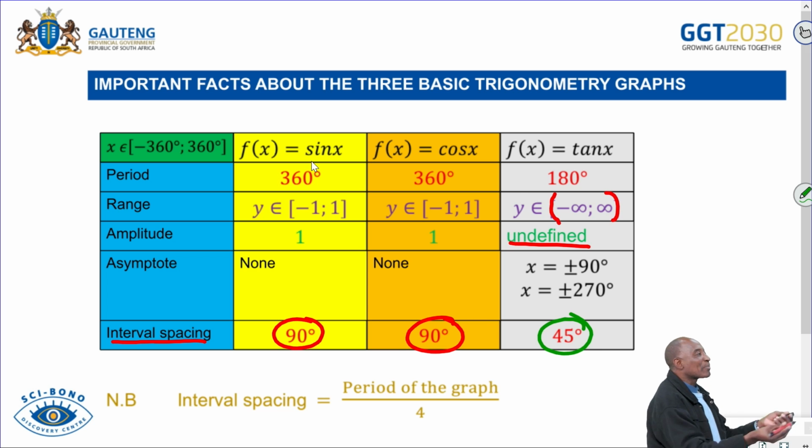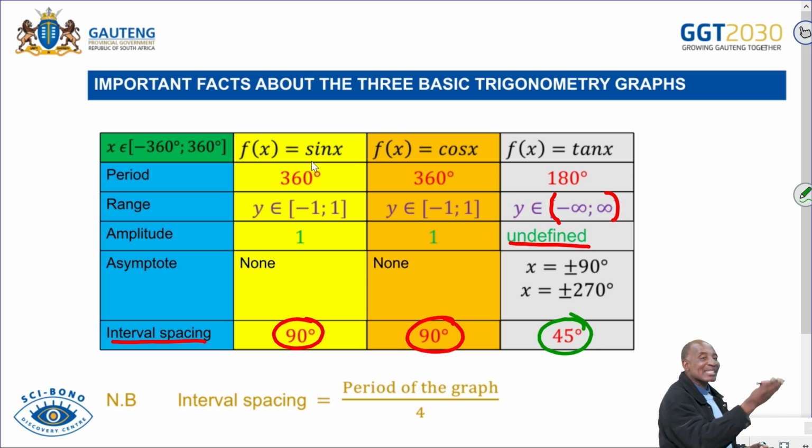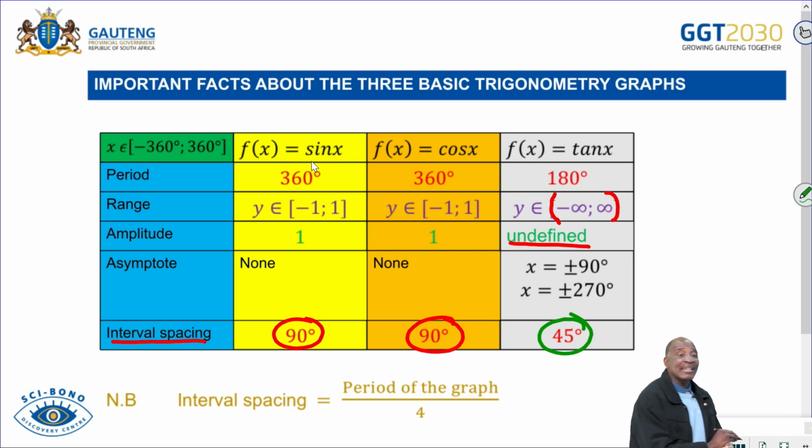Now that we know the period is 360 for both sine and cosine, if you divide the period by 4, it's a formula that we use, and it was proven that it makes the diagrams come out neatly. Meaning you can use any other number less than 90, but the maximum that you can use is only 90 degrees. So it was discovered that when you take the period and divide by 4, the graph comes out perfectly well. You can use any other number as long as it is less than 90 degrees.